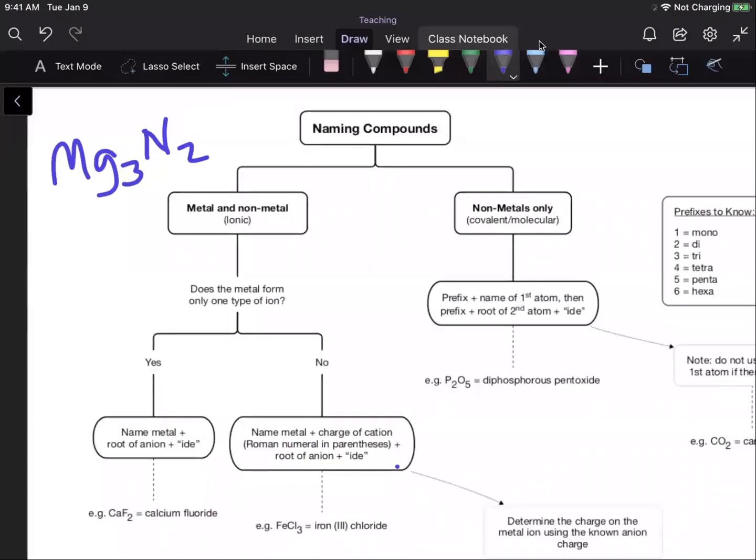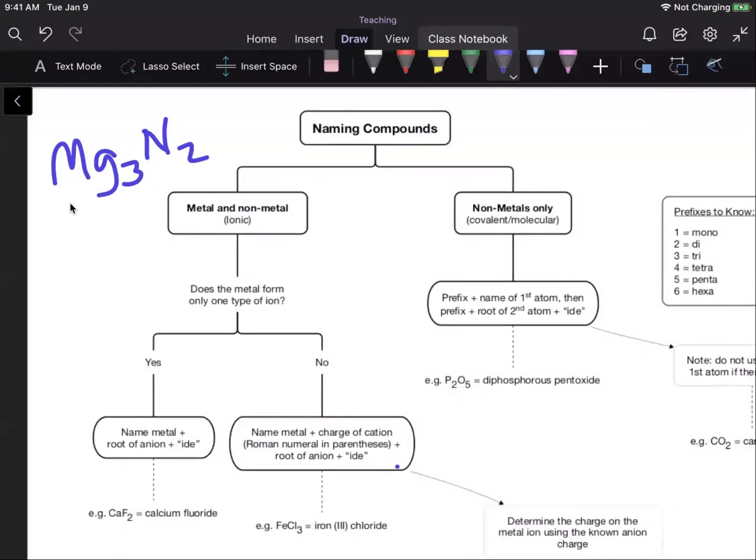All right, for our final example, we're going to name this compound between magnesium and nitrogen. Let's just name it right off the bat. So remember, magnesium is a metal, nitrogen is a nonmetal, and in this case we don't care how many of these we have as far as the name is concerned.